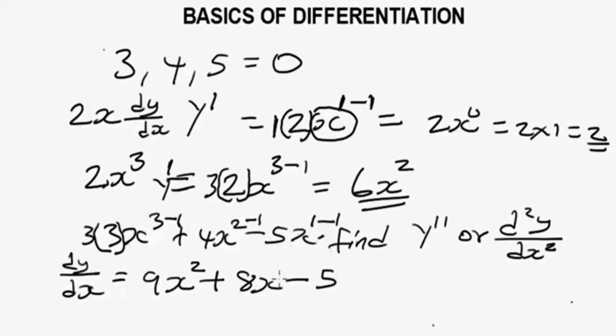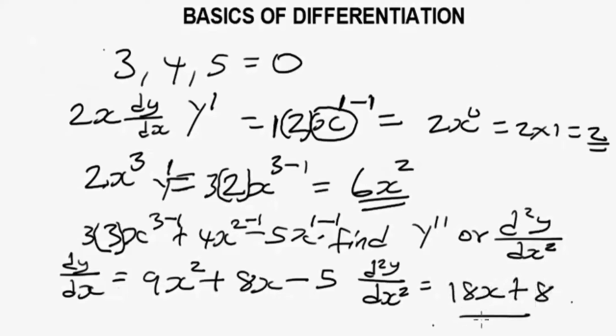Now let's find the d2y over dx2, the second derivative. Differentiate this once more. By now you should know how to do it. It will now be 18x plus 8. That will be our final answer, guys.